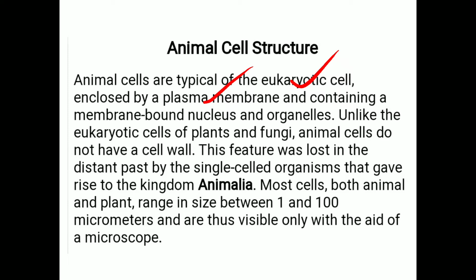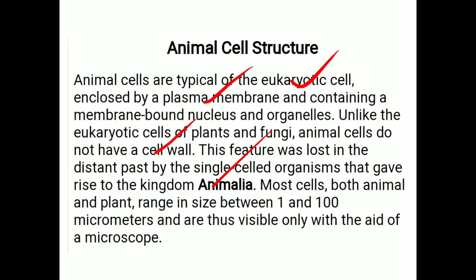Unlike the eukaryotic cells of plants and fungi, animal cells do not have a cell wall. There is no cell wall in the animal cell when compared to plant cells, fungal cells and a few bacteria also. This feature was lost in the distant past by the single-celled organisms that gave rise to the kingdom Animalia.